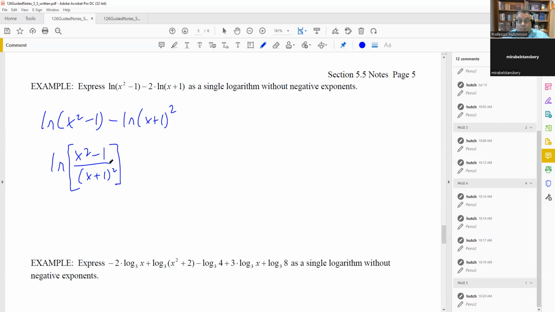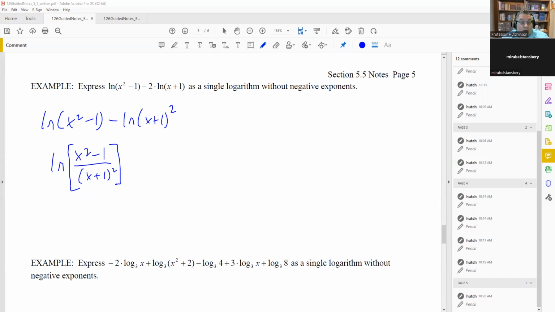Now, if there is a problem where it looks like we can do some factoring, you want to go ahead and do that. Sometimes the questions themselves are going to give you a keyword. It'll say something like fully simplify your answer.